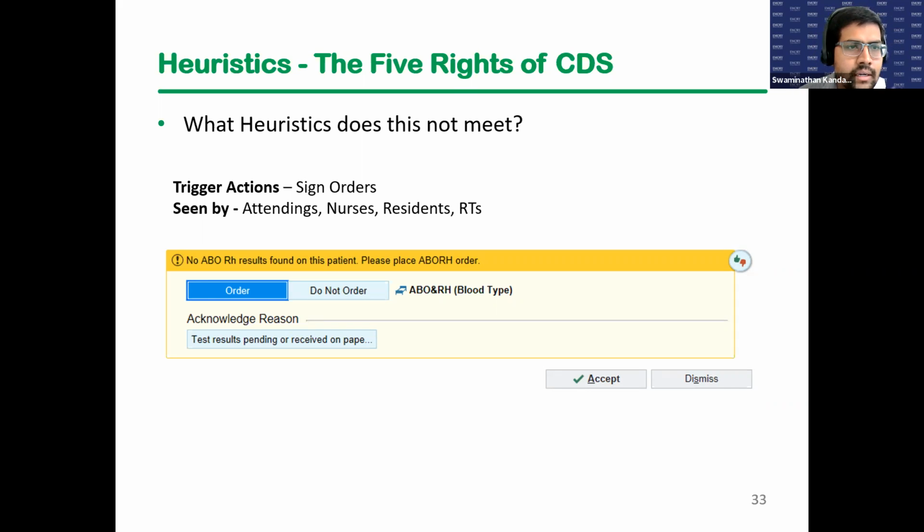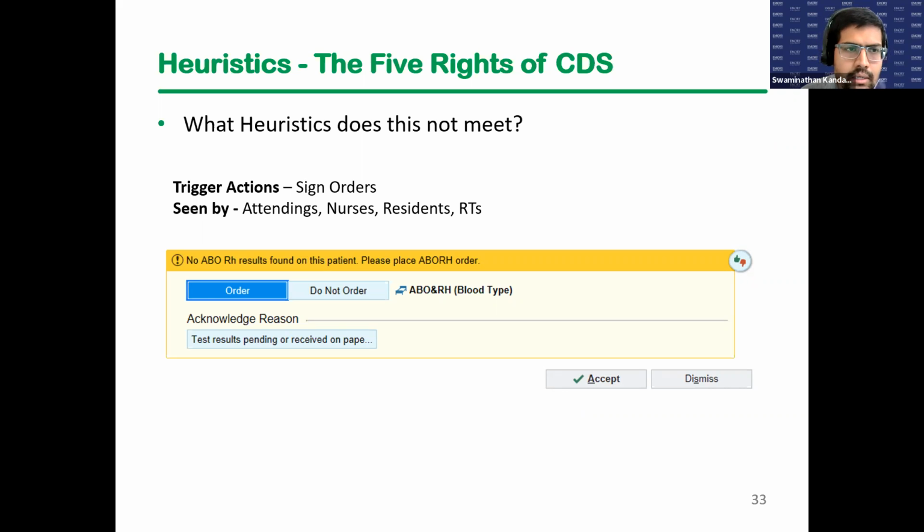If you see here, it's actually seen by RTs, respiratory therapists, and they are not people who are actually going to order type on screens for patients. So obviously it's violating, as an example, who you want to show this to. Also, it doesn't show us why I need to order this type on screen.